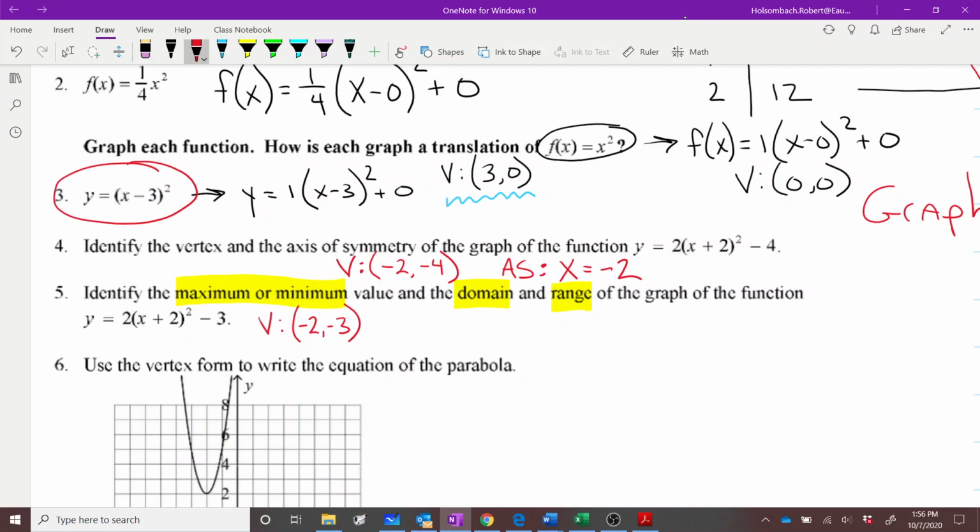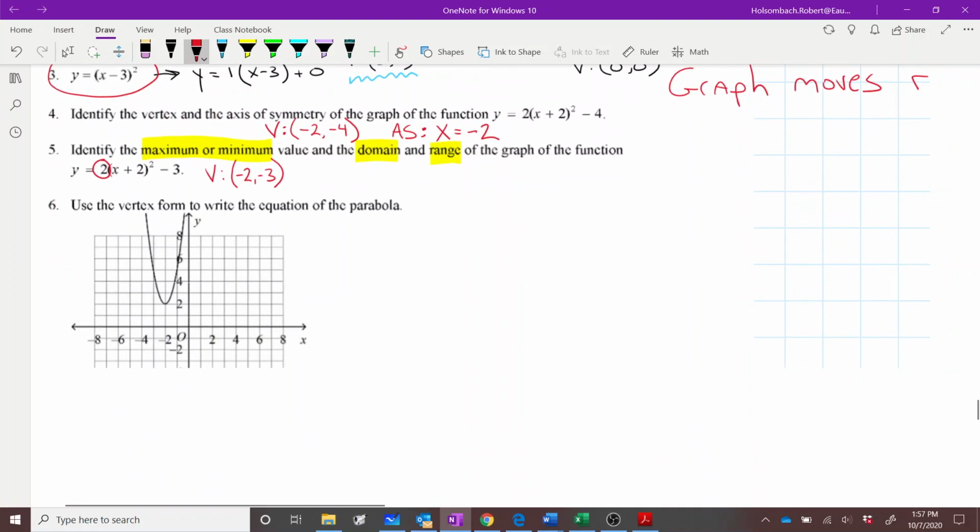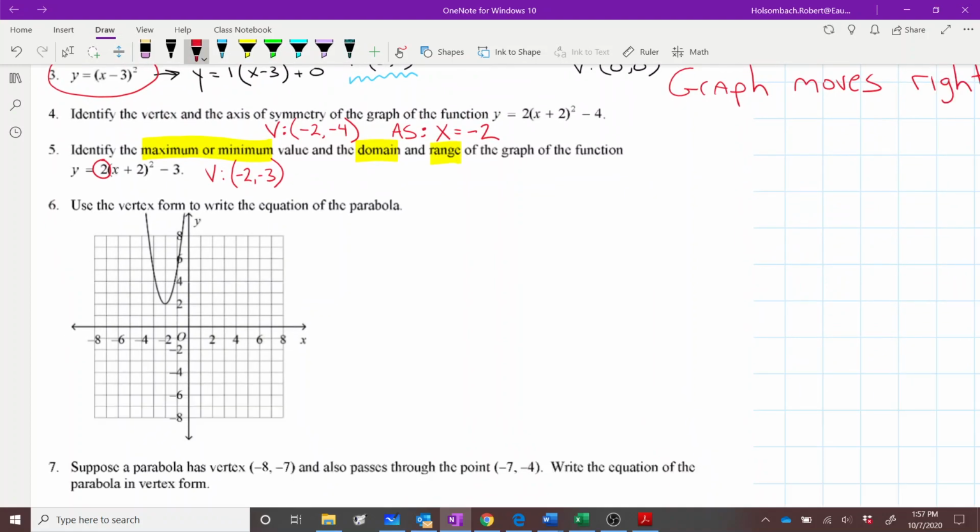So since our A value is positive, if we were to graph it, -2, -3 would be down here. There's your vertex of that graph.